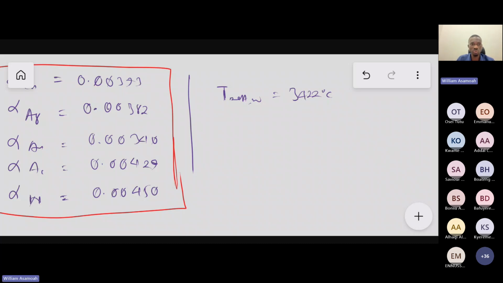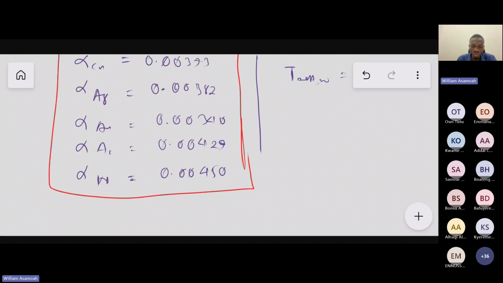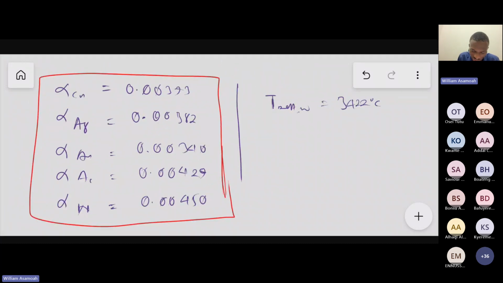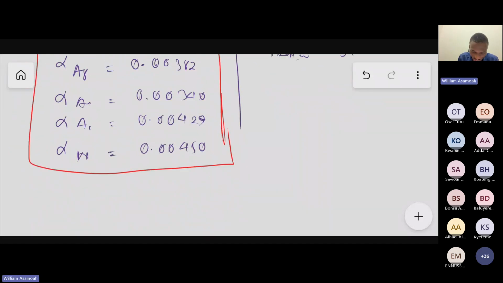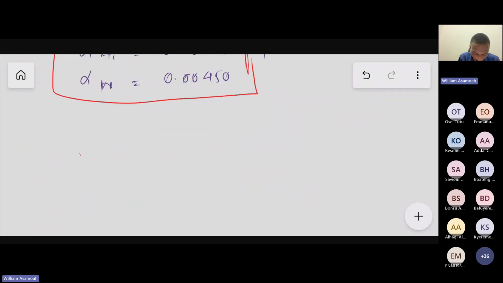Okay, great. So let's say that we are taking copper, and copper's TCR is 0.00393. Let's say that at room temperature, the copper we are looking at has a resistance of 2 ohms.